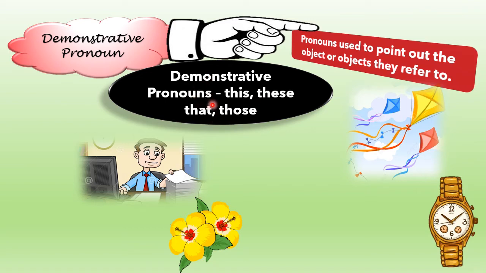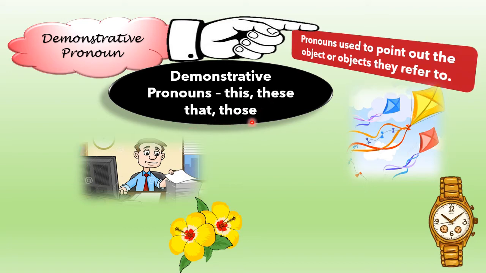Yes, children, is it clear to you? There is nothing much to understand here. It is simply saying that demonstrative pronouns point out something to make it clear or to refer to something. And for this purpose, we basically use only four words: this, these, that, those.